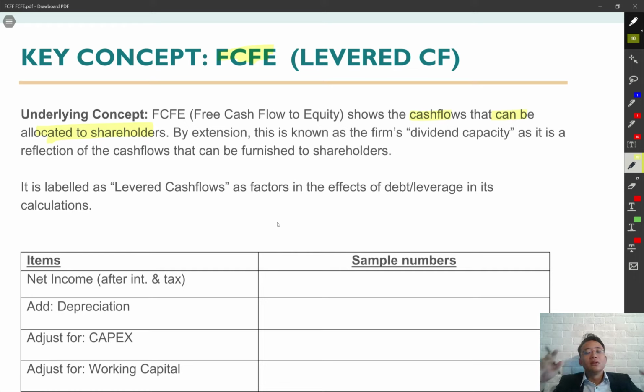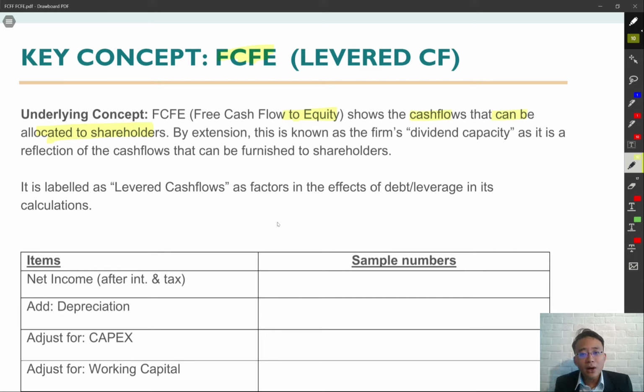Earlier, these were the cash flows that were given to debt holders and shareholders. FCFF, that was earlier. Now, FCFE, the name itself already implies it is the cash flow that goes to equity. It is what goes to our shareholders.